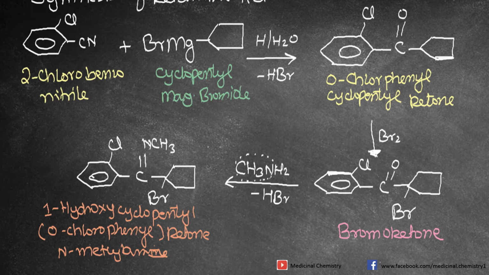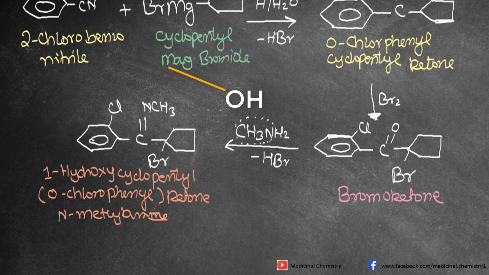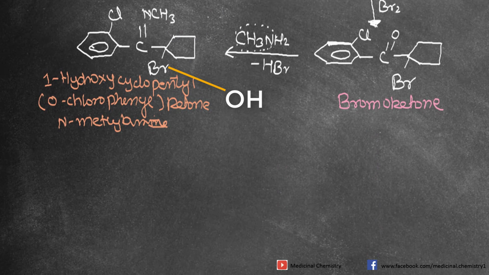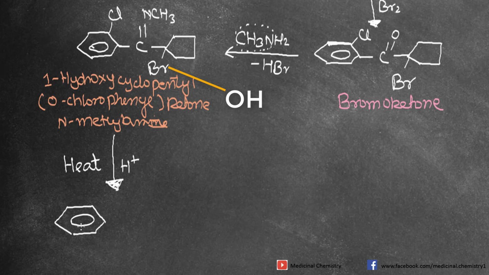Instead of this bromine, I have mentioned this incorrectly. This bromine is replaced with OH. I will try to make another video on this. So remember that this Br is not here, it is actually OH. Then we have heat and addition of hydrogen.